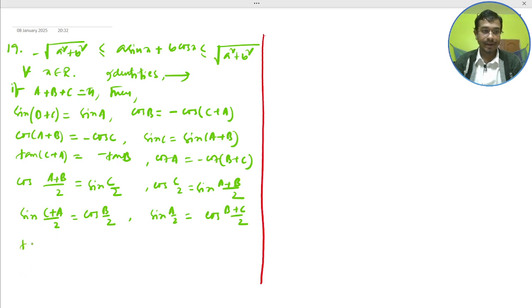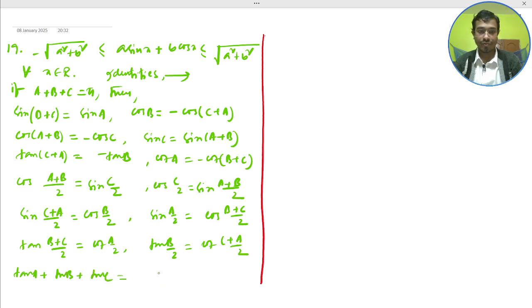Next, for tan b plus c divided by 2 equal to cot a by 2, and tan b by 2 equal to cot c plus a by 2. Next, tan a plus tan b plus tan c equal to tan a into tan b into tan c.